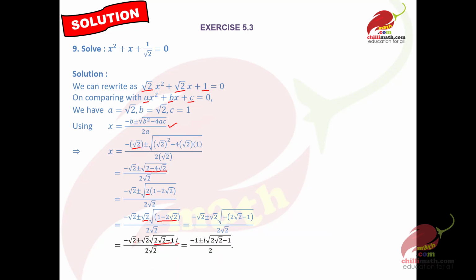After this we can cancel this root 2 from the numerator and denominator, so we are left with the answer minus 1 plus minus iota into square root of 2 root 2 minus 1 upon 2, which is your required answer.